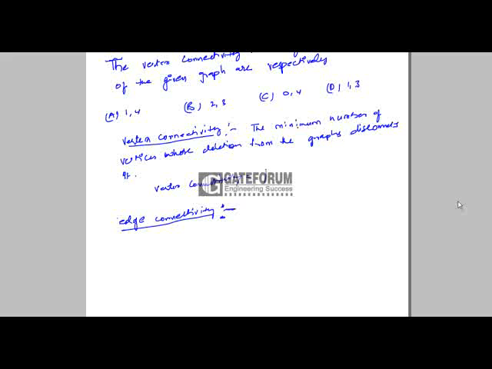Edge connectivity means the minimum number of edges whose deletion from the graph disconnects it. This is also called line connectivity.